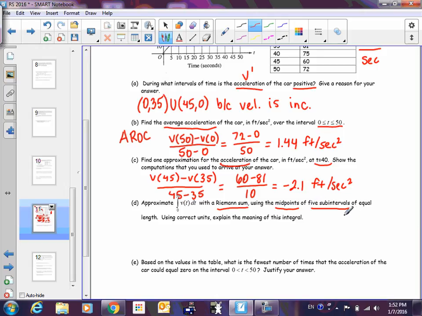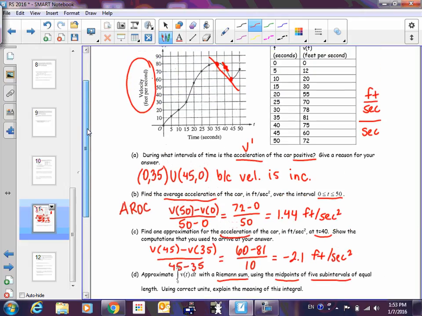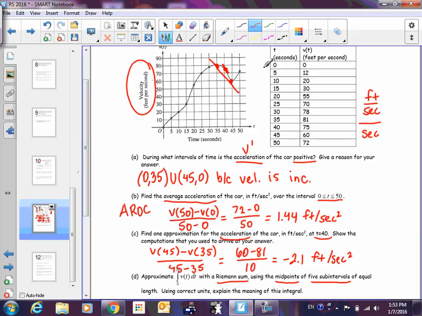On your homework, you're going to see a couple of them where it's not equal length. I'm going to let you try to work that out on your own, and I'll help you, and we'll go over it tomorrow. But this one is 5 subintervals of equal length. So looking up at the table, what is each interval going to be? 10. Okay, and I'm going to go ahead and do this. It's going to help me with the next step.